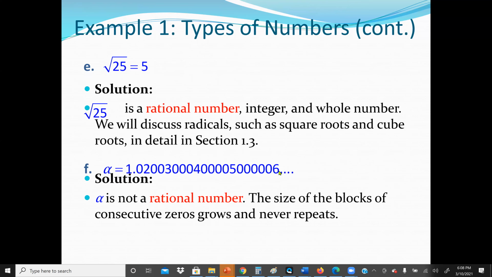So we are not repeating the same decimal. Next, I'm going to have 6 zeros, then 7 zeros, then we keep going. So alpha is not a rational number. The number of consecutive zeros keeps growing and never repeats. The key word again is not repeating. Even though we have infinite decimal digits, they are not repeating.